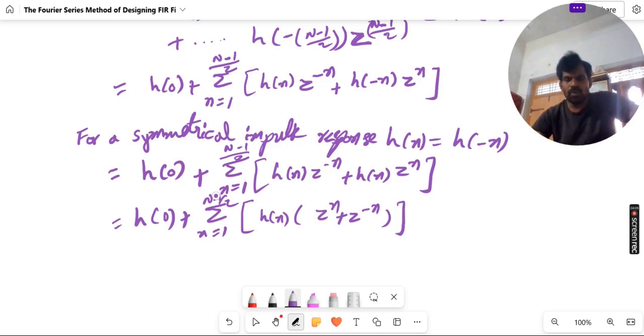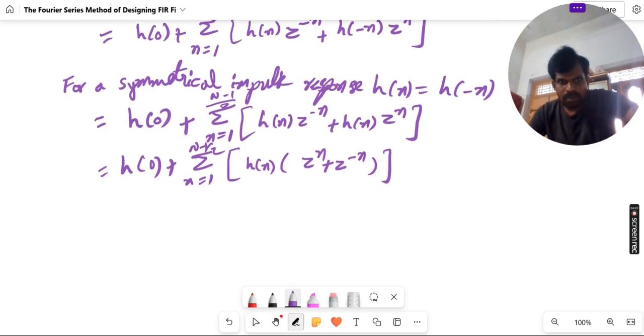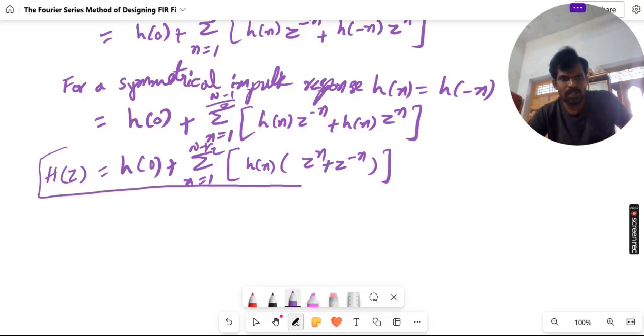The transfer function we got after applying the Z transform to the desired impulse response of a filter is not realizable.